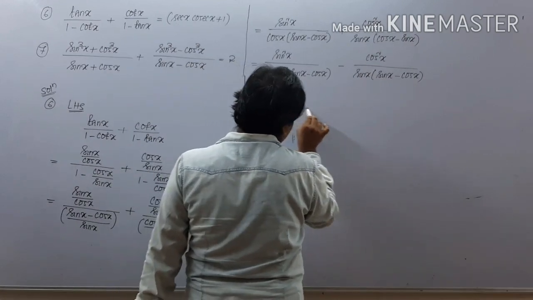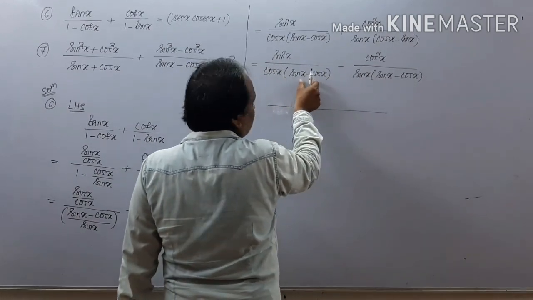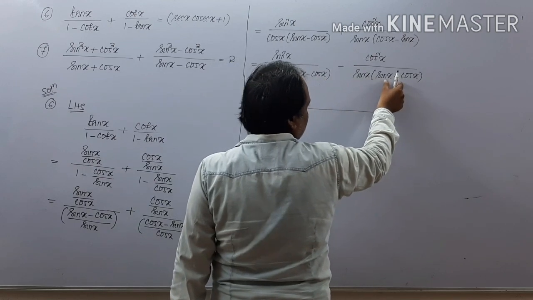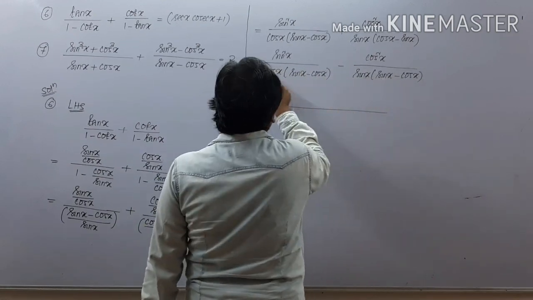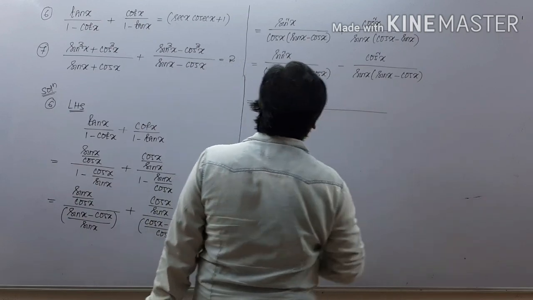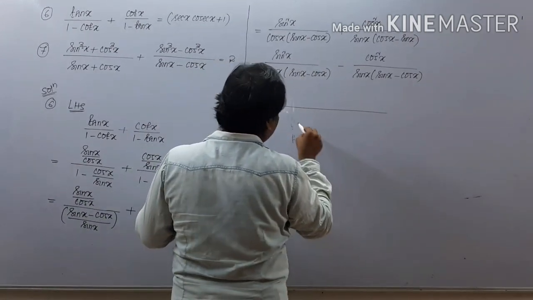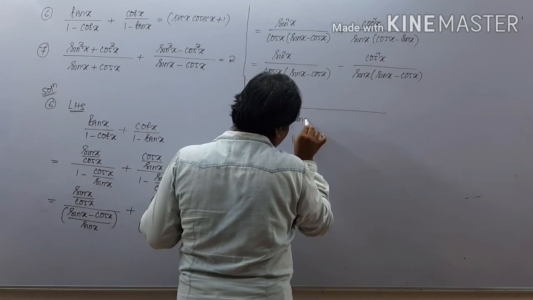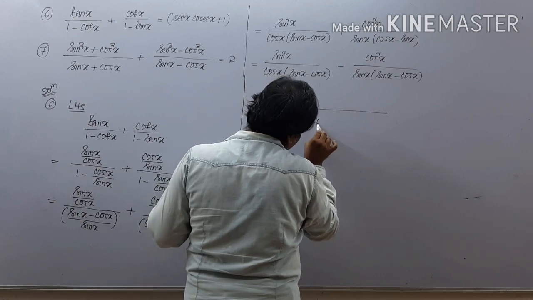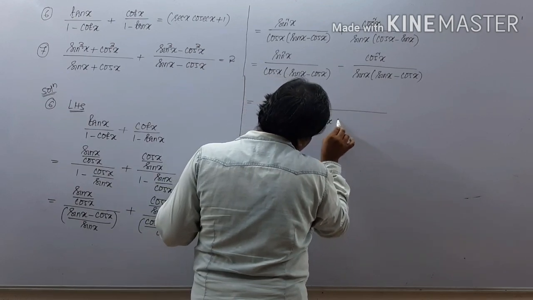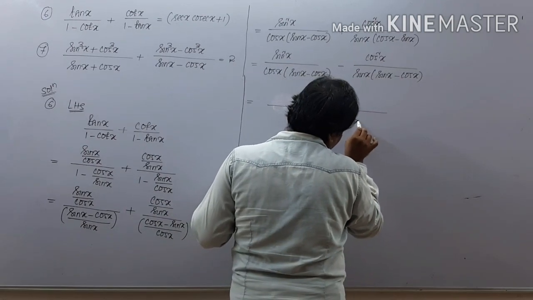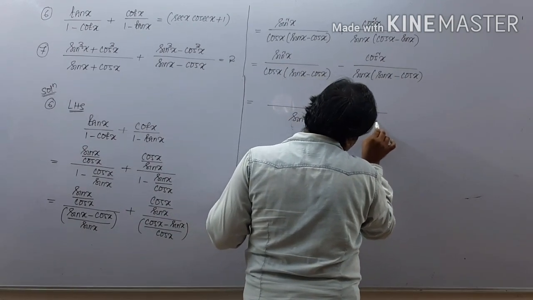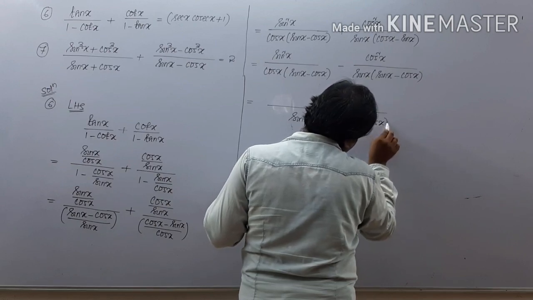Now I will take LCM here. So what is LCM? Here this term is common, sin x minus cos x, so clearly this is part of the LCM, and again there are two different terms, that is sin x into cos x. So the LCM is sin x into cos x multiplied by sin x minus cos x.